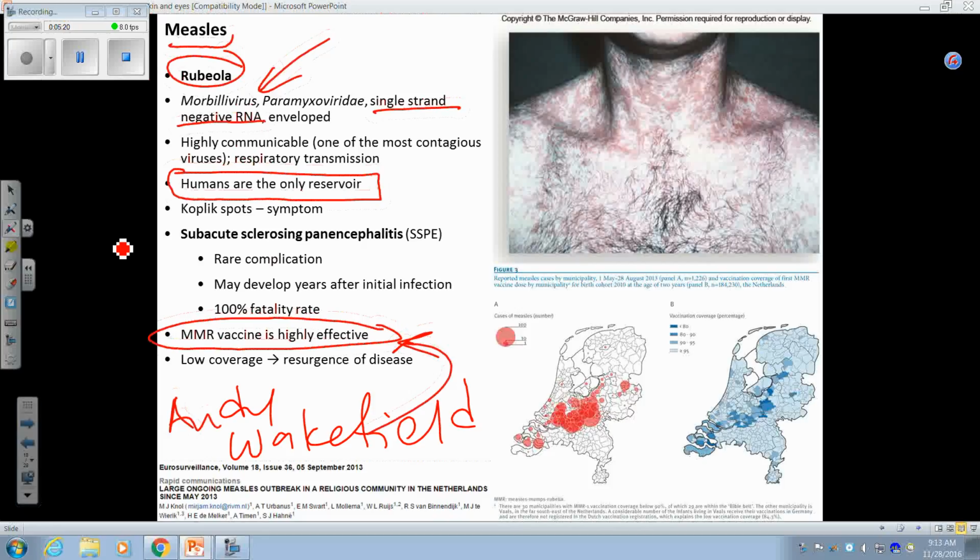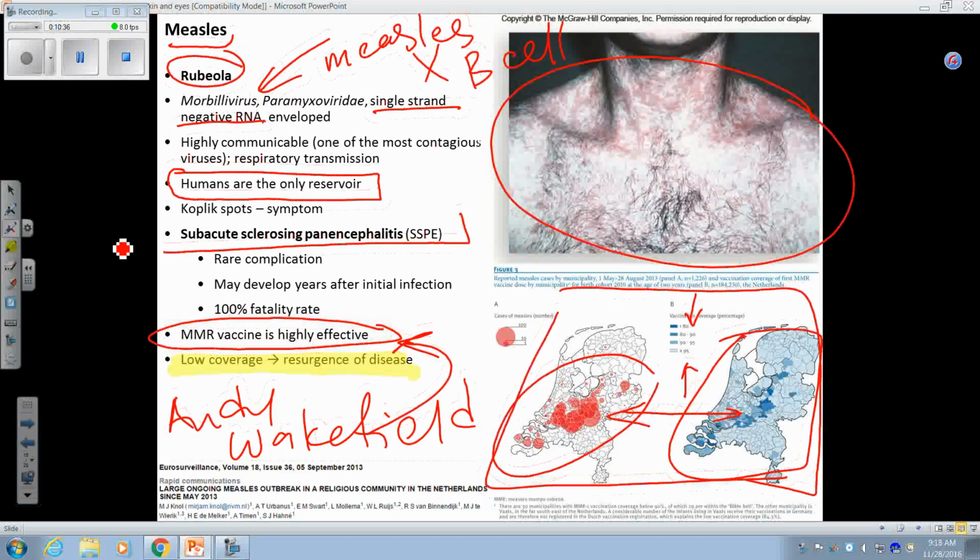Another complication of measles infection that we talked about before a little bit is that measles infects B cells, essentially rendering you immunocompromised for about half a year.